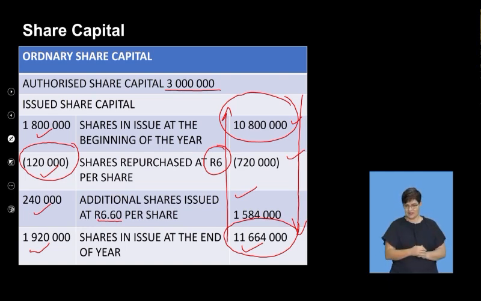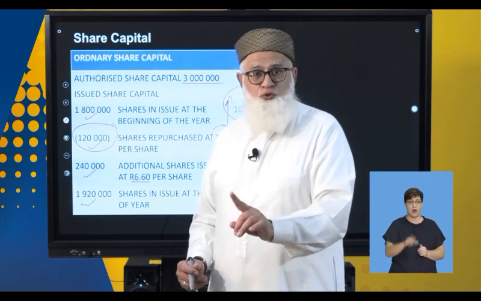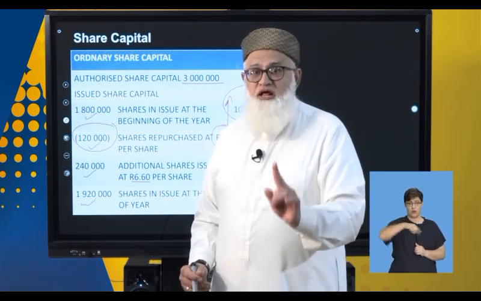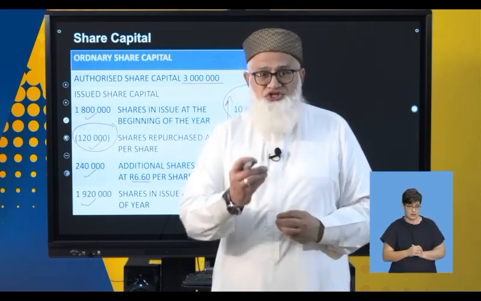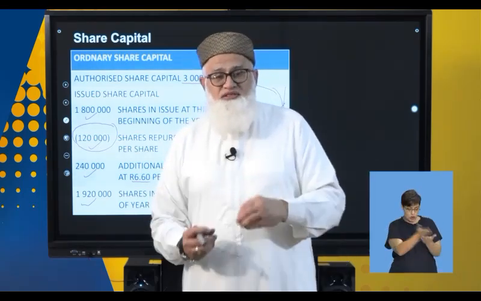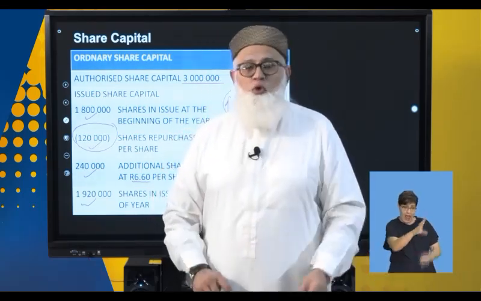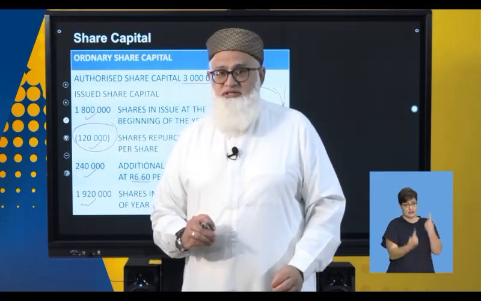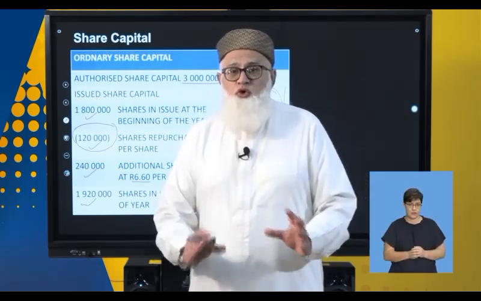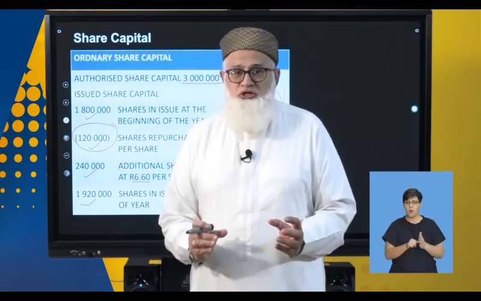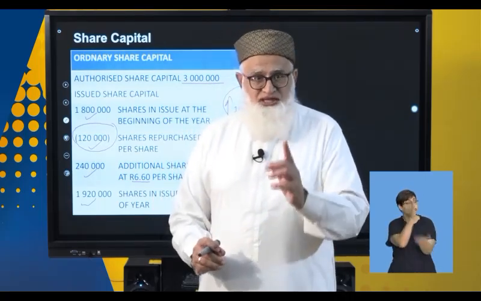So important, RTFQ. Make sure you read the full question, so you know exactly whether the shares that were repurchased qualify for the dividend or whether they don't qualify for the dividend. Important information. Okay guys, we've been through a very important note. Make sure you master it.